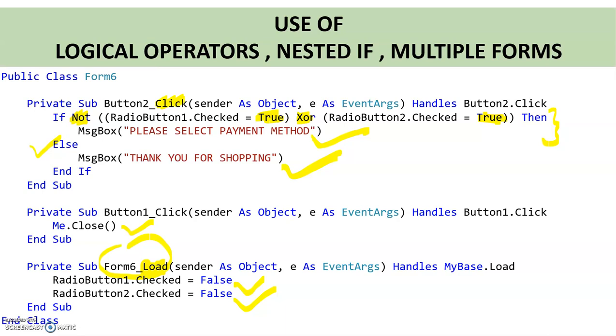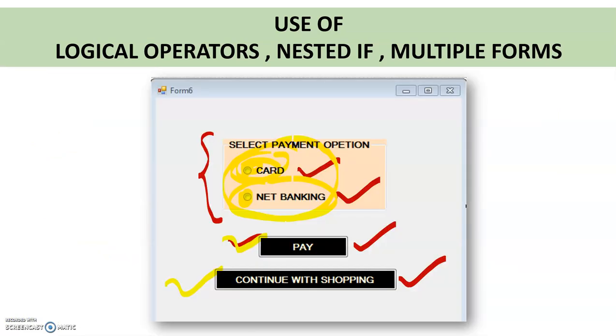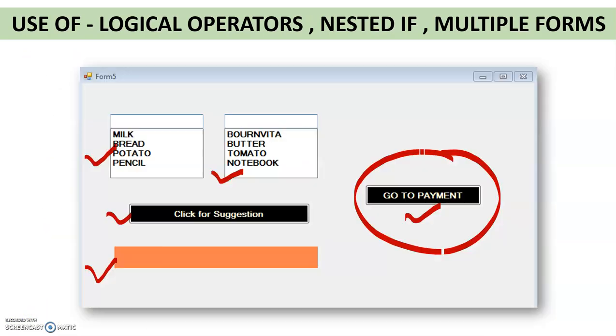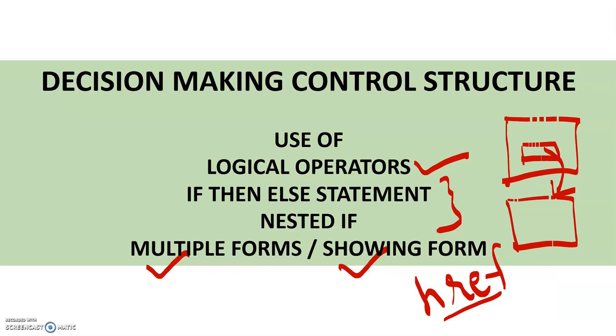So this is about the different uses of different topics: we discussed logical operators, decision making control structures, multiple forms, and how to show the form and how to close the form, right? So this is about today's session.